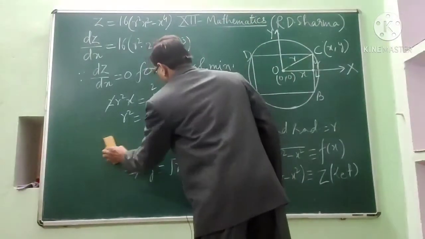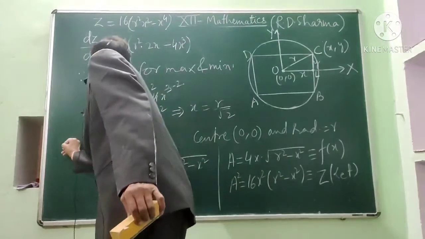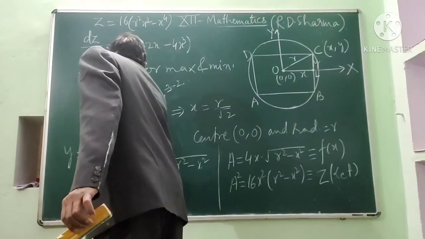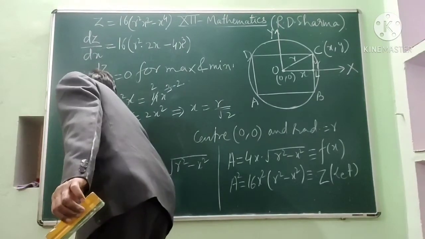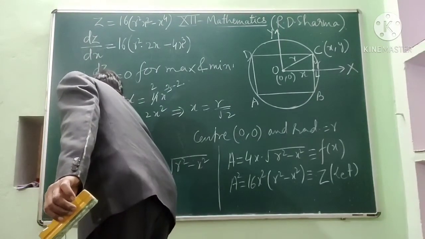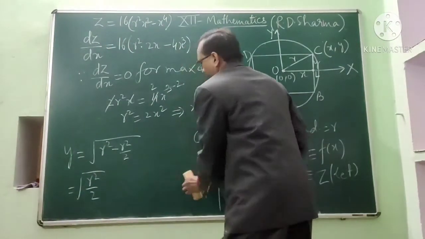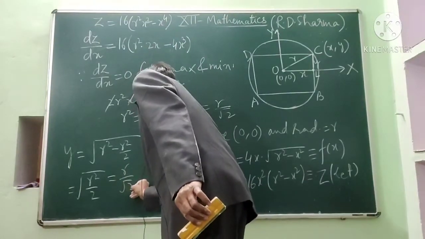Now we will find the value of y. Putting x here, y equals root of r square minus r square upon 2, or it is r square upon 2. From this, we get y as r upon root 2.